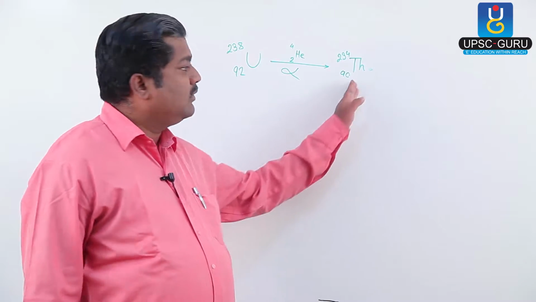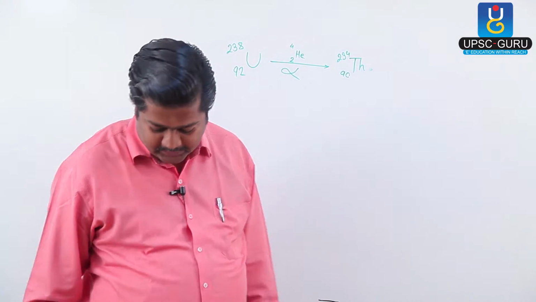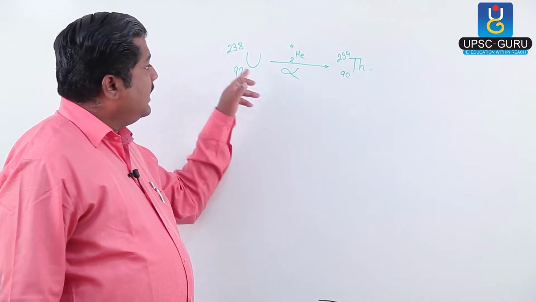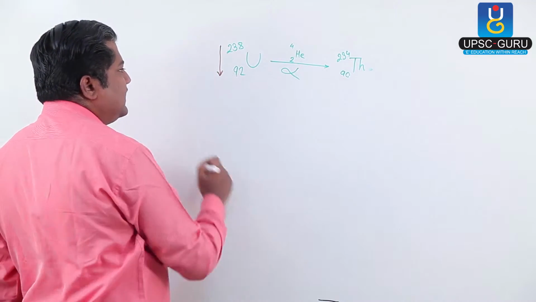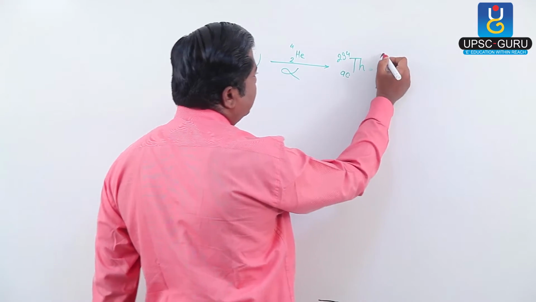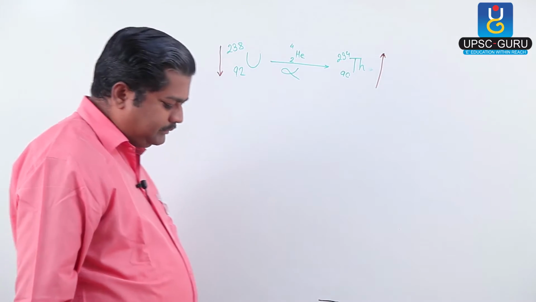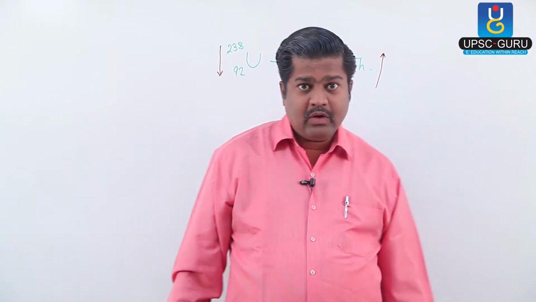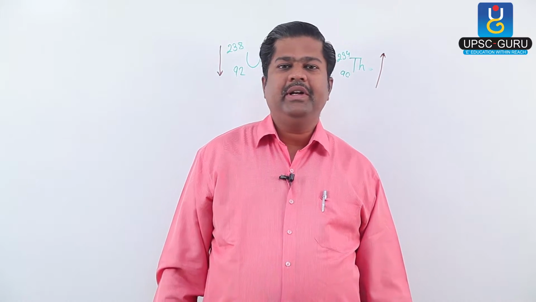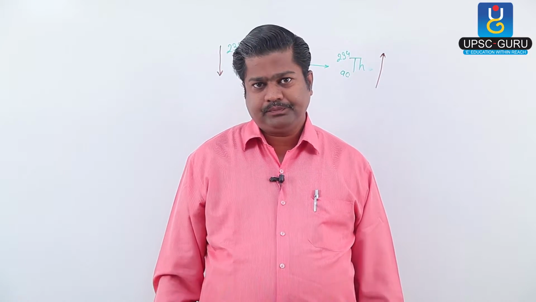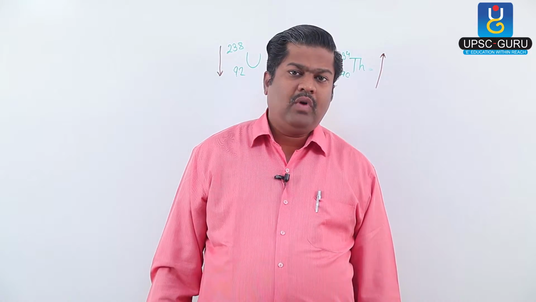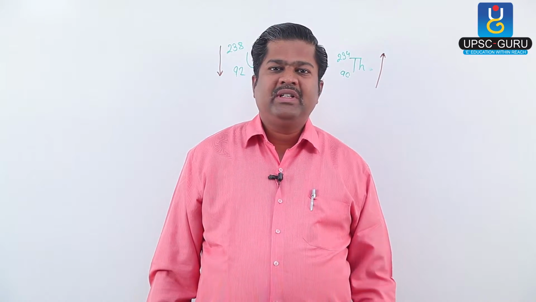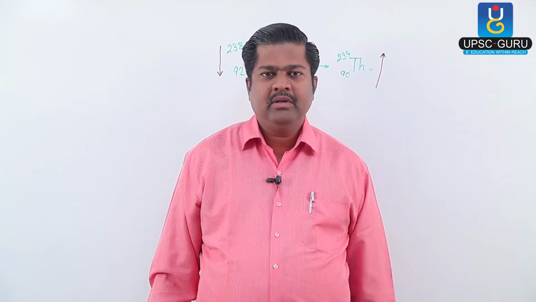Then we get 2 more atoms of thorium. This way the amount of this substance is decreasing, and the amount of this substance will increase. Now, practically determined data shows it will take infinite years for an element to disintegrate 100%.